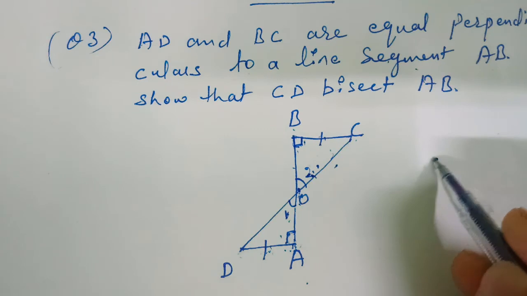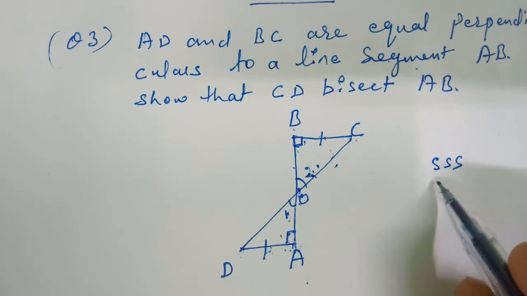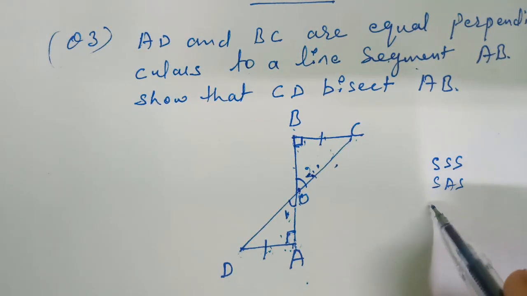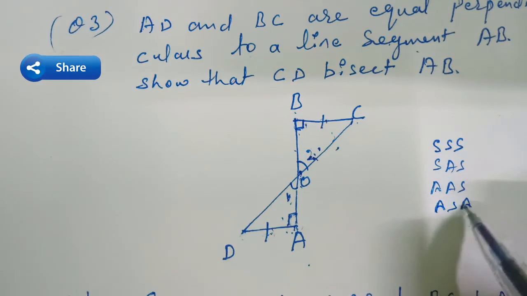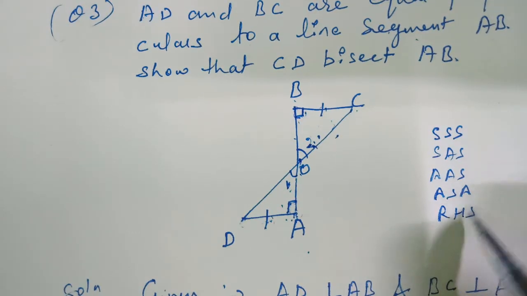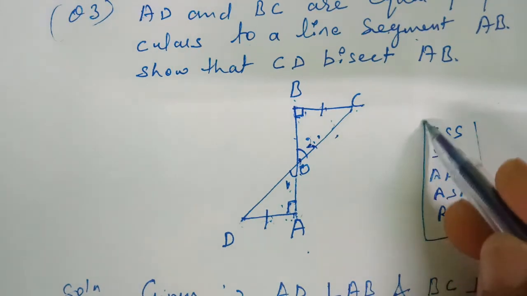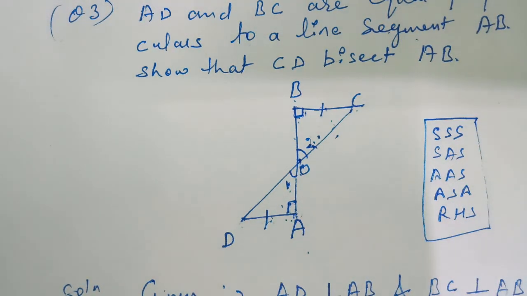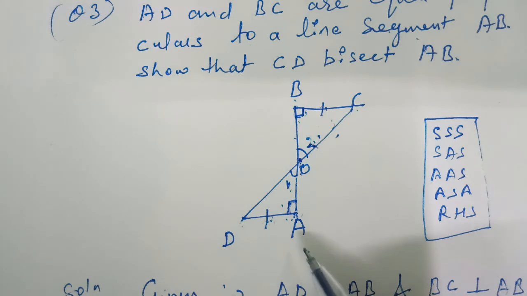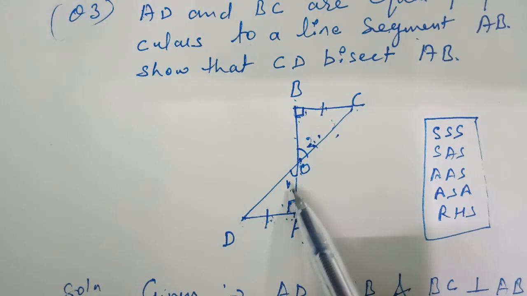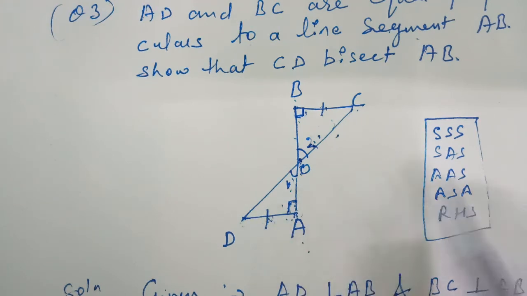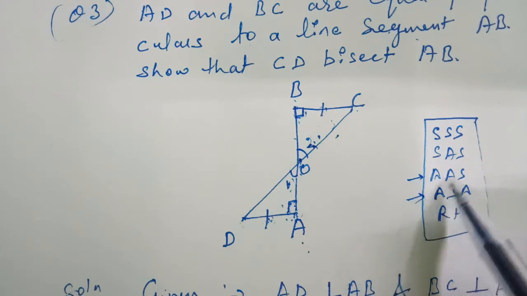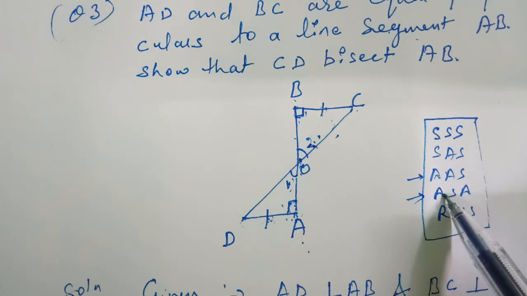We have learned side side side, side angle side, angle side angle, angle angle side and right angle hypotenuse side. These 5 criteria we have learned. So we have to identify the correct one. If we see, we have two angles and one side. So obviously out of these we will get the criteria.